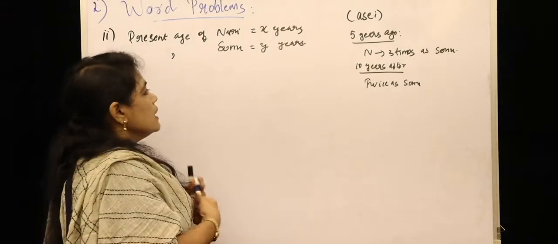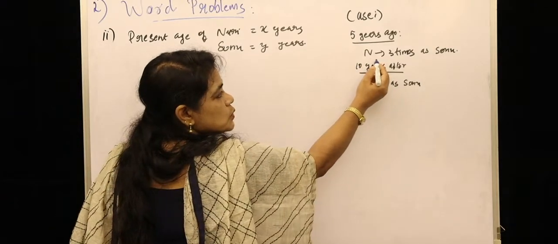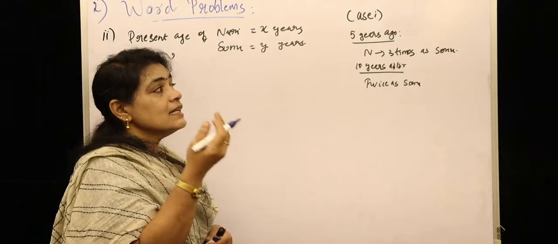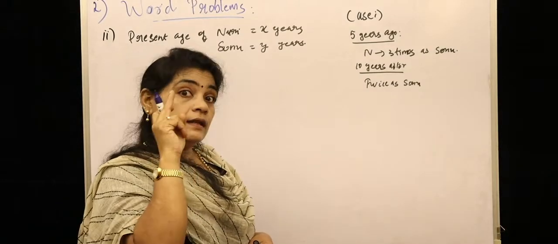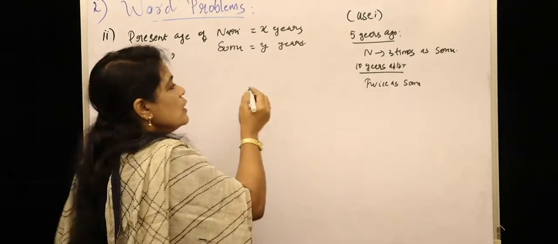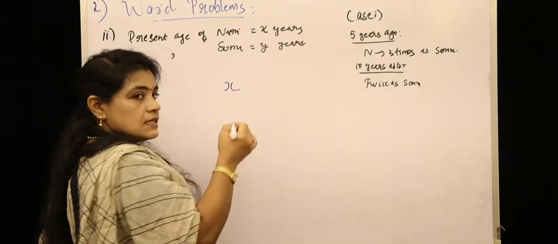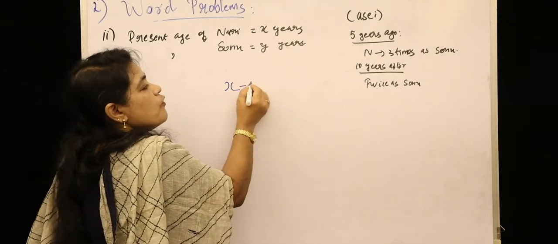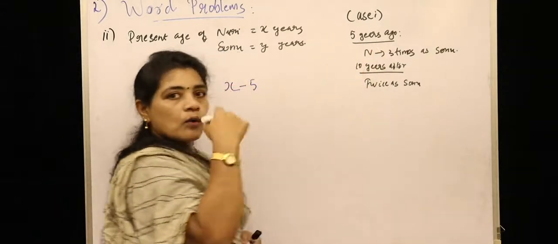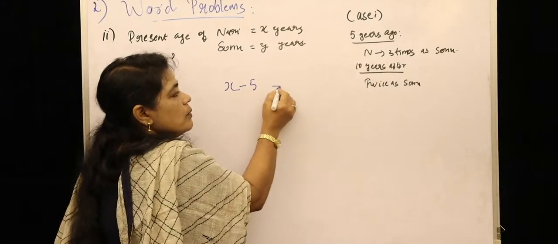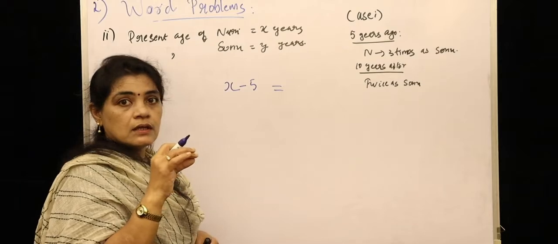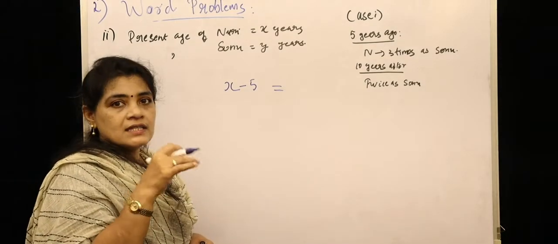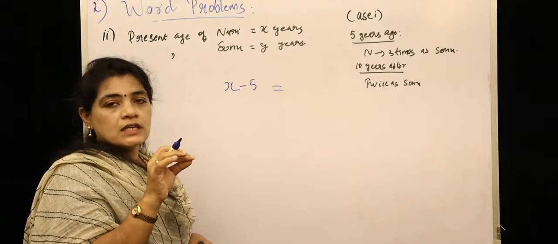So here in the first case, Noori's age 5 years ago is 3 times Sonu's age at that time. If he has x as his present age, he was x minus 5 five years ago. So this can be equal to, Noori was thrice Sonu's age at that time.